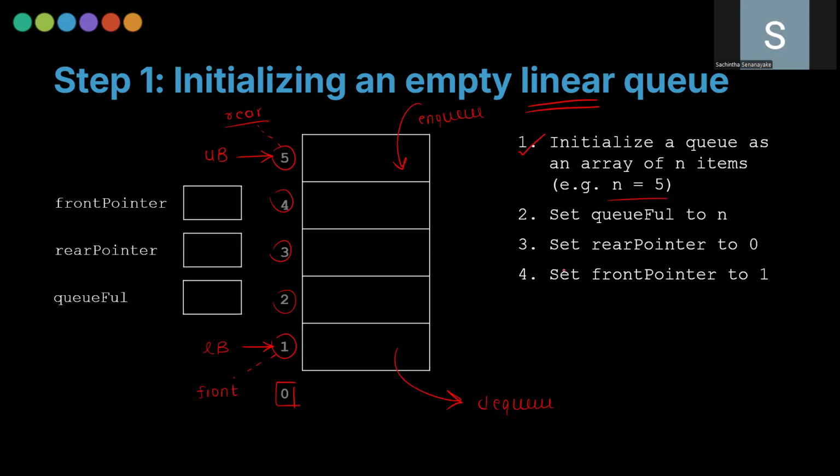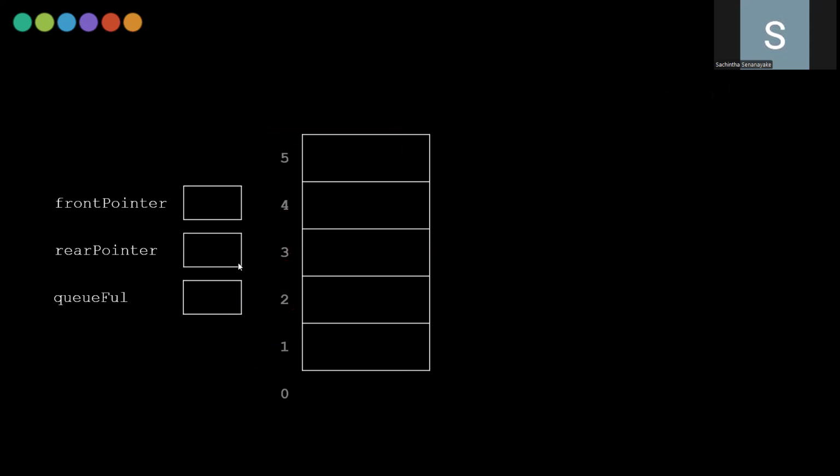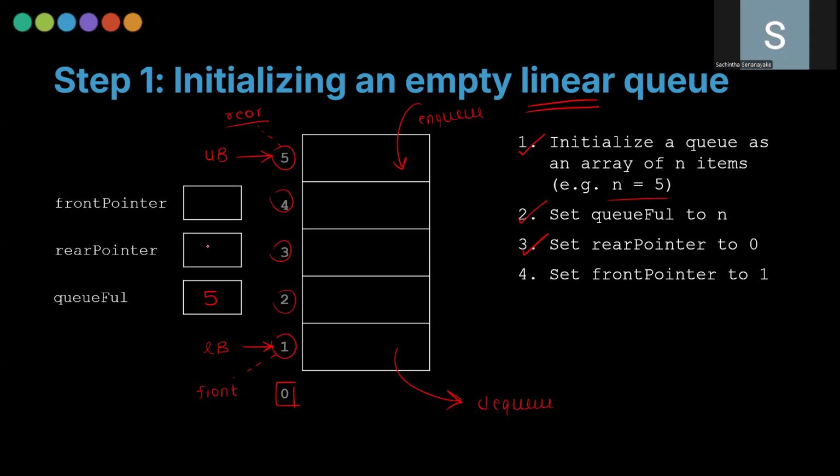Now, similar to a stack where we set stack full to the number of items our stack has, queue full will be set to the same thing. Queue full will be the maximum number of locations our queue has. So as a result, queue full will be set to 5. Rear pointer will be set to 0 to indicate that there are no items in our queue at the moment.